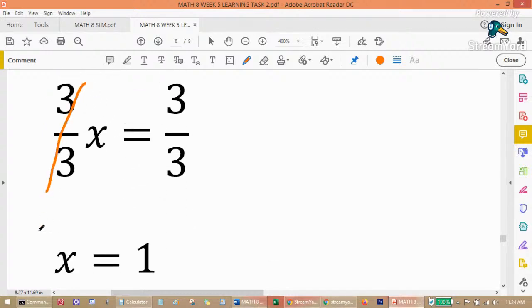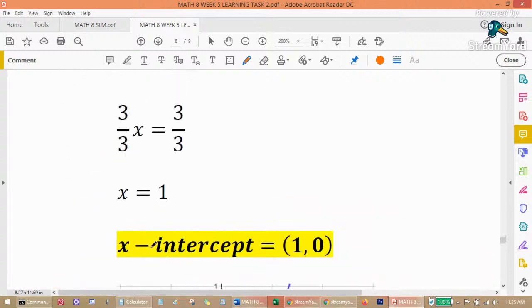So, 3 divided by 3 is 1. 1 times x is x. Equals 3 divided by 3 is 1. Therefore, ang x-intercept natin, x is 1 and y is 0. So, palaging 0 ang y kapag sa x-intercept.